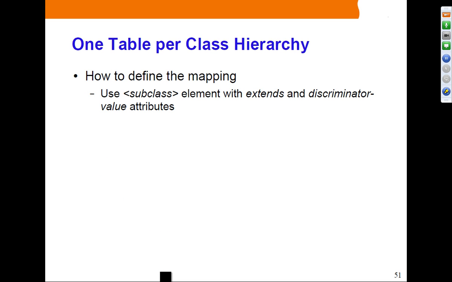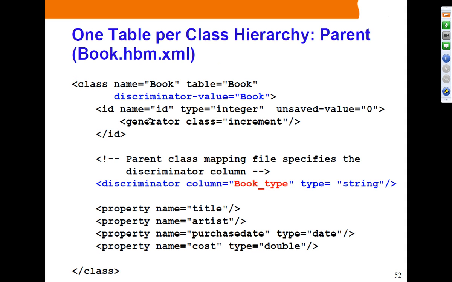Okay, so how are you going to actually use this particular scheme? You are going to use a subclass element, an extends attribute, and a discriminator value attribute. An example is like this. Here we have a book class, and this discriminator value is basically book. Whenever there is an entry representing this parent object, it will have book.